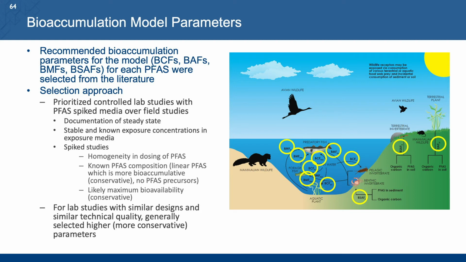You get more bioaccumulation. And so we did want this model to have a bit of a conservative lean to it. And so we generally selected for lab studies that had that spiked media. And where we saw 2 lab studies with both similar design and both really good quality, we did err on the side of conservatism and select the higher bioaccumulation value.